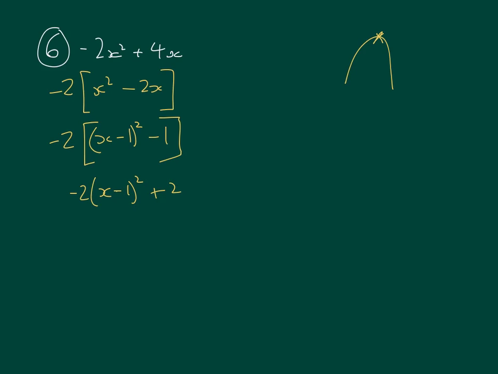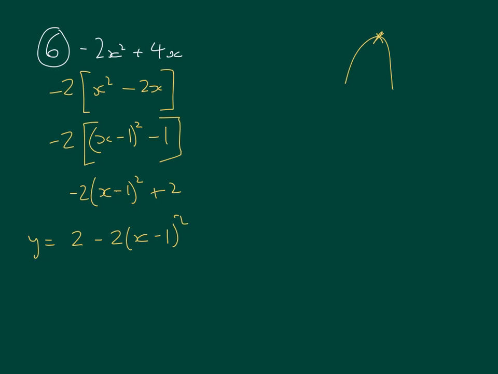But now to find the turning point, if I just rearrange this, it'll be 2 minus 2 times x minus 1 squared. So to find the turning point, we need to find the highest possible value that y could be. So if we had this as y equals the function, we'd have a graph then, and then we're doing 2 minus a number.